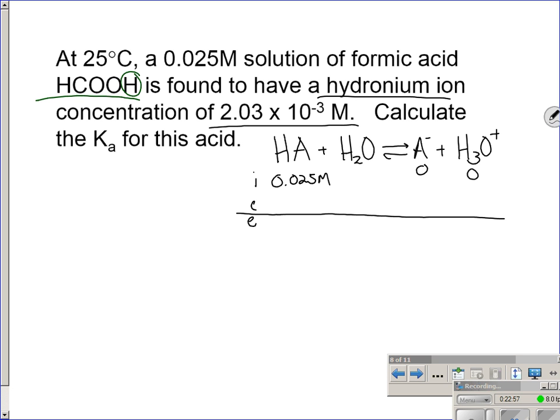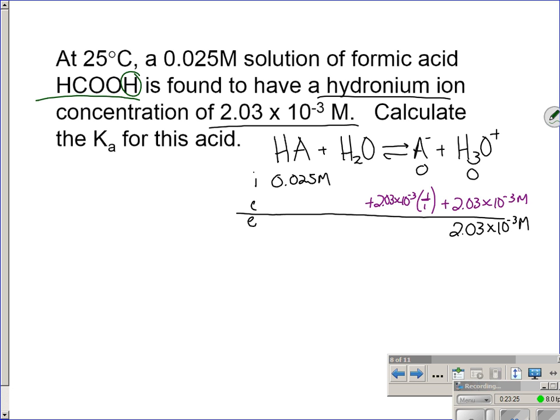So at equilibrium, we know that we have 2.03 times 10 to the negative 3rd here, which means this went up by 2.03 times 10 to the negative 3rd, and this went up by the same 2.03 times 10 to the negative 3rd times the mole ratio, and it is 1/1.